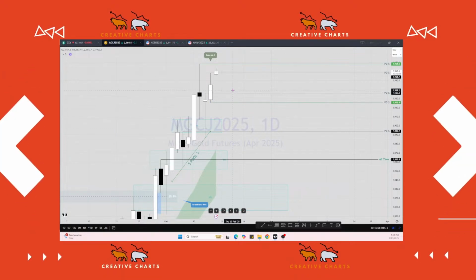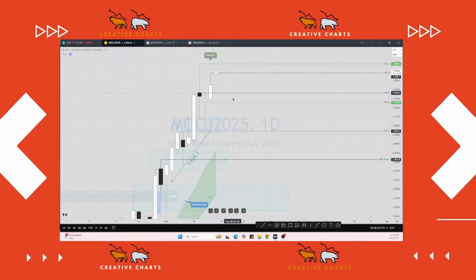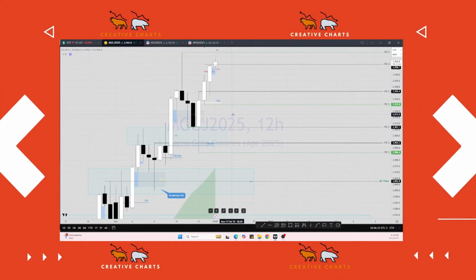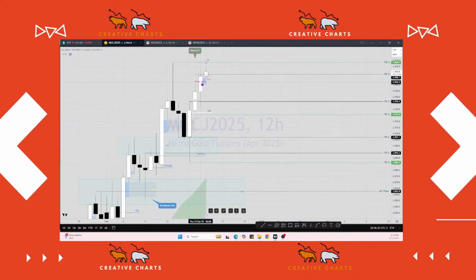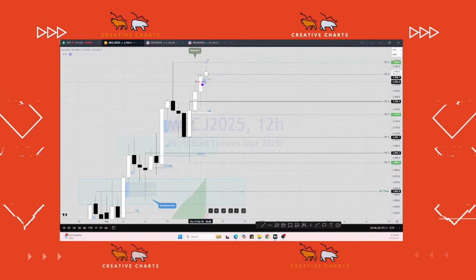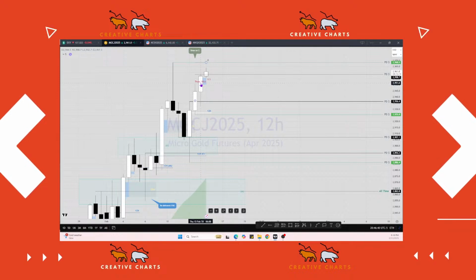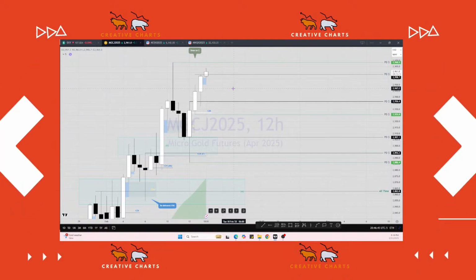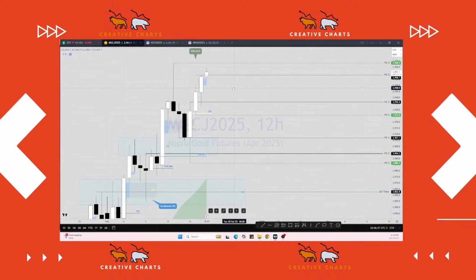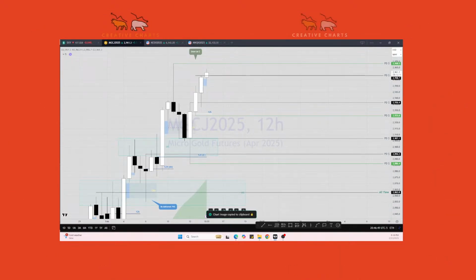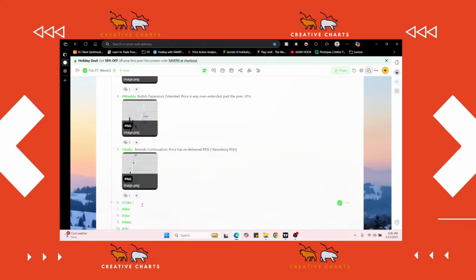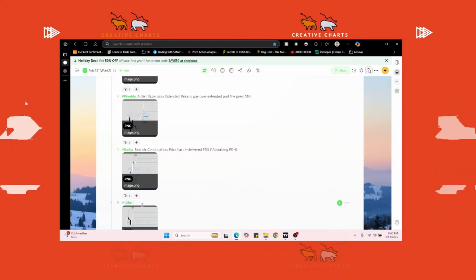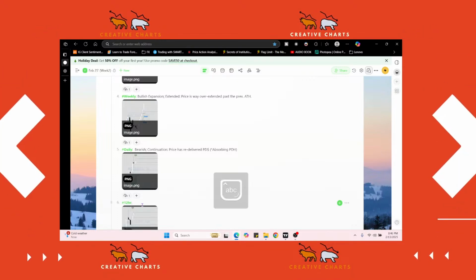But anyways, let's go low. 12-hour. So we have this 12-hour, which is unmitigated. This premium wick didn't hold up, so I don't care about that anymore. So looking at like a bullish expansion.